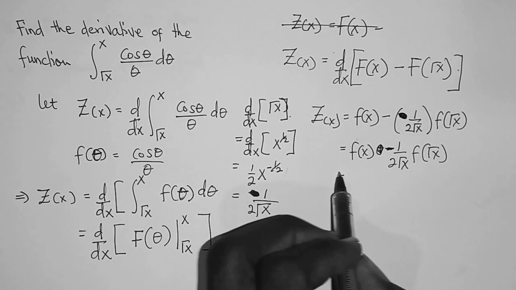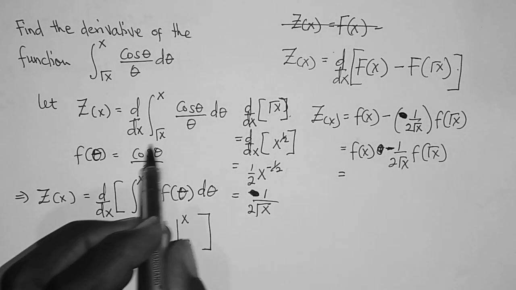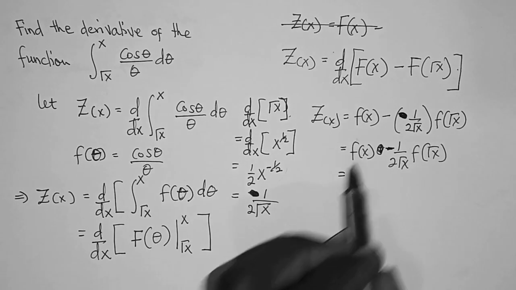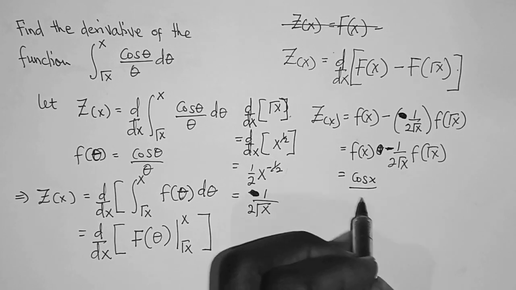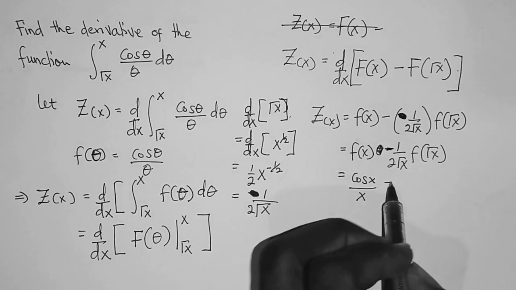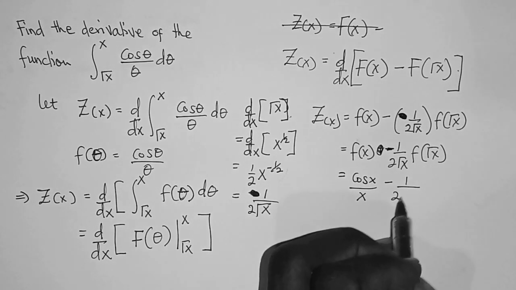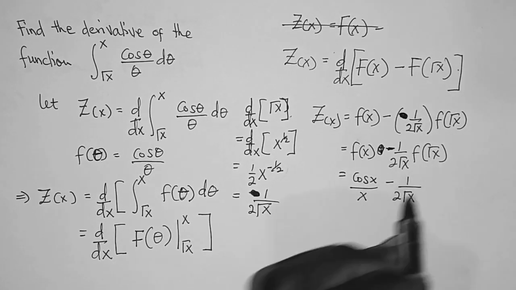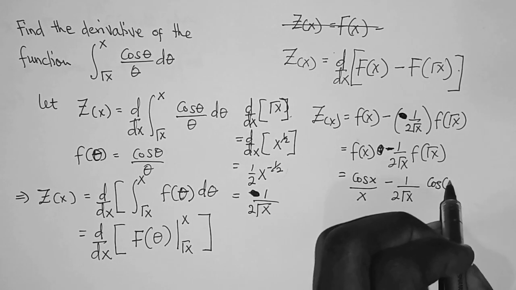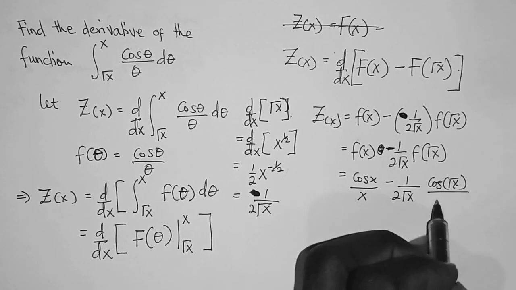So remember that we said f of theta is equal to cos theta over theta. So f of x is going to be cos x over x, minus 1 over 2 root x. Then f of root x is going to be cos root x divided by root x.